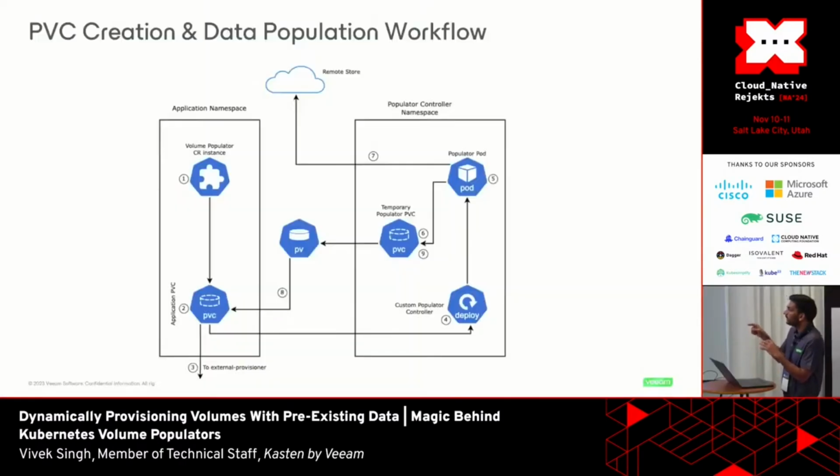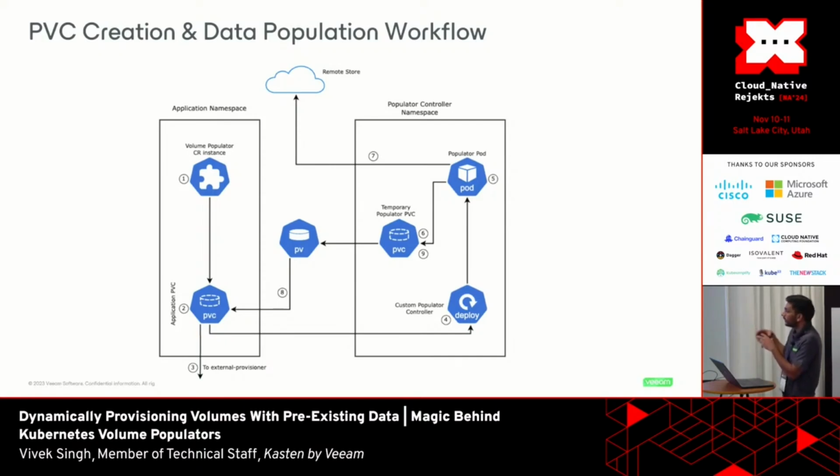Once the data has been populated by the populator pod into the PVC, what the populator controller does is update the reference in the persistent volume. If you look into that persistent volume, it initially refers to the PVC that was temporarily created.